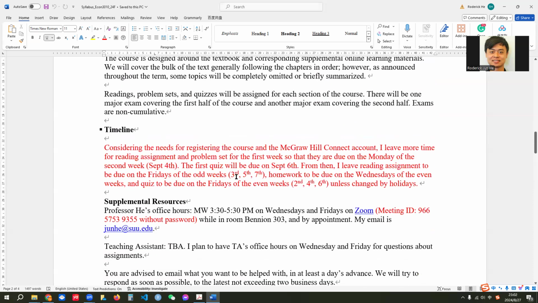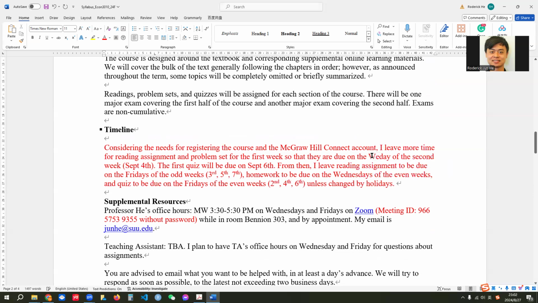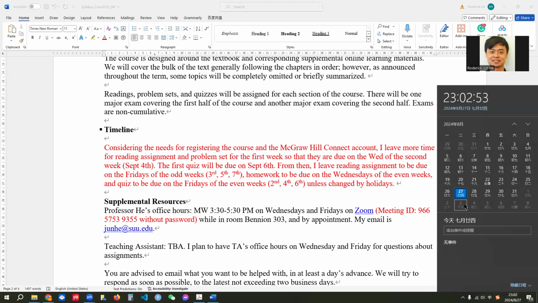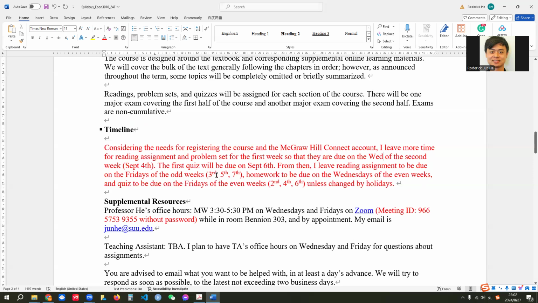This is a timeline. The first week is a little bit different because we start on Wednesday, as we have the Monday as a Labor Day. So I deferred the first assignment, the reading assignment and problem sets, to be due on the Wednesday of the second week.